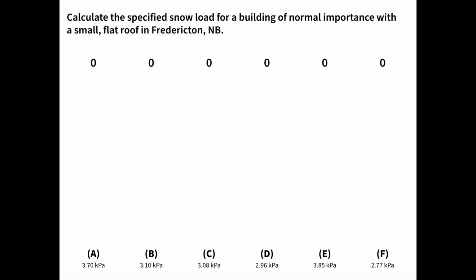Okay, and there are 6 available answers here, and they're more or less there to mess with how you apply the factors. But there's an equation in the slides on how to calculate the snow load. There are tables in the slides that give you information about importance, etc. And there should be enough information in there for you to put all of that together and calculate what S would be for a flat roof in Fredericton.